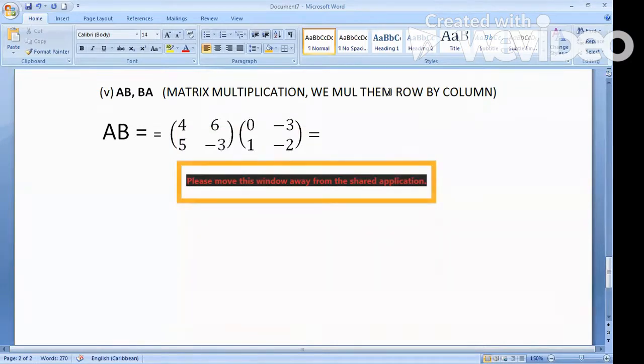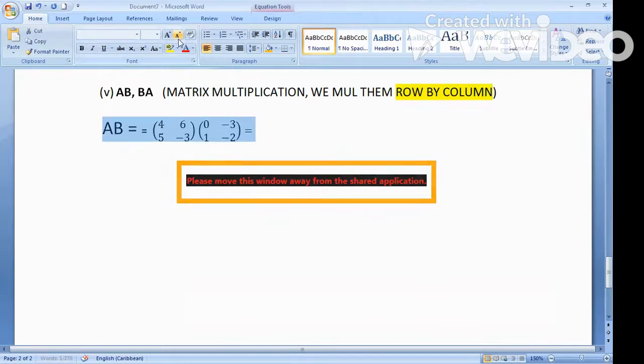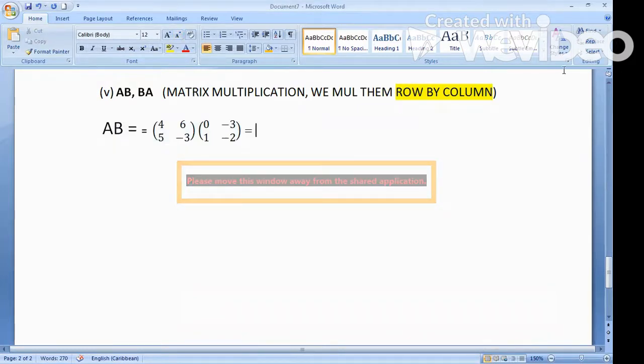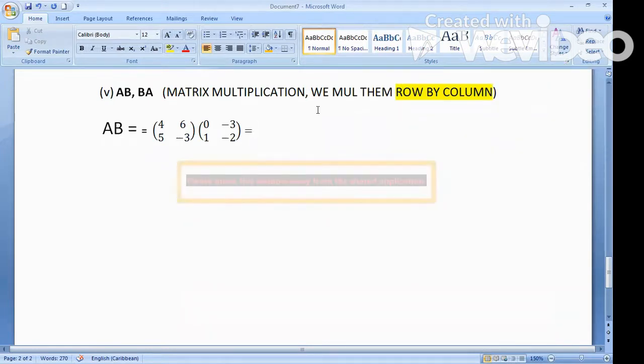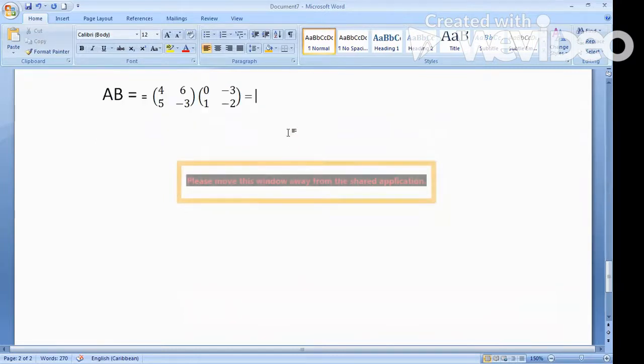How do we multiply a matrix, class? Row by column. That's what you need to remember. This can be a little bit tricky, sometimes a bit confusing, but I will try my best to clear up anything.